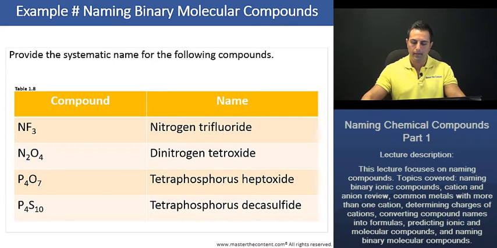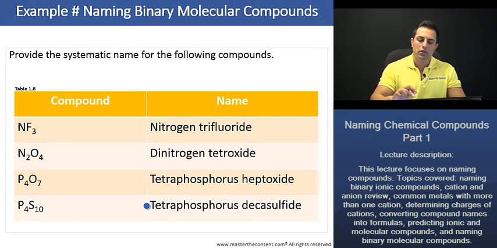Okay. Now, we have the following answers for compound 1. It's just going to be nitrogen trifluoride, dinitrogen tetroxide, tetraphosphorus heptoxide, and tetraphosphorus decasulfide. Now, if you're ever unsure, it's always a good idea to check that your prefixes are consistent with the subscripts in your molecular formula.